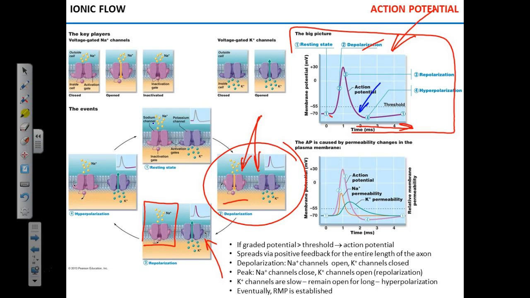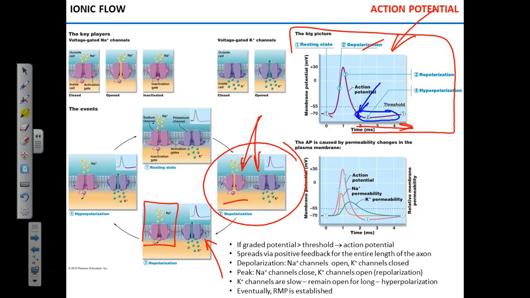So even when the cell reaches resting membrane potential, potassium channels fail to close yet and keep letting potassium out. So positively charged ions keep leaving the cell, and that creates this little overshoot.